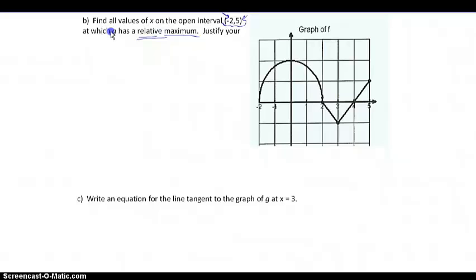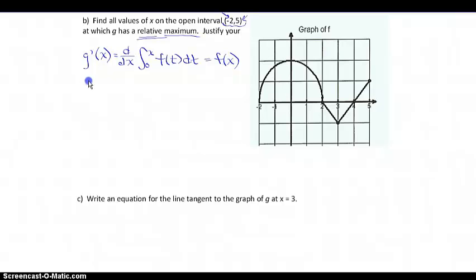So basically what we're looking for is we're going to have to tell them we understand that g prime is the derivative with respect to x from 0 up to x of f of t dt, and that we understand from fundamental theorem part 2 that that is the graph of f. So when we start using f as g prime to talk about where our relative maximums occur, then we've got the basis here to make that argument using the outputs of f.